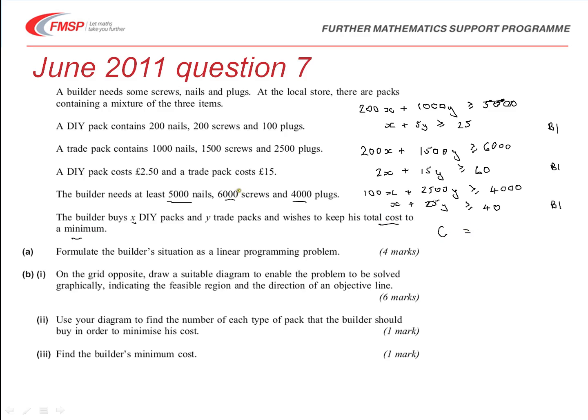So the cost will be, well, it's £2.50 a pack, so £2.50 times X will be the cost of those X packs, and then each of the trade packs is 15, so that's 15 times Y, and that will give you your cost. So that's the thing we're trying to minimise, and that gives us our fourth mark.